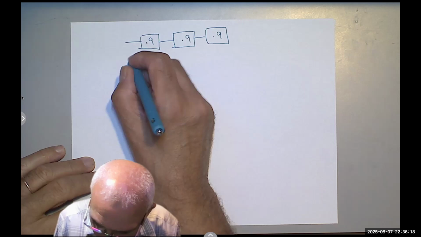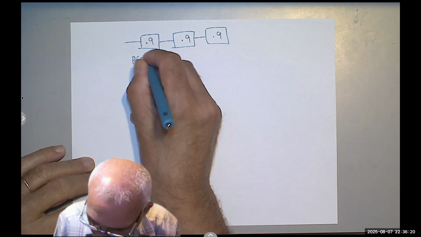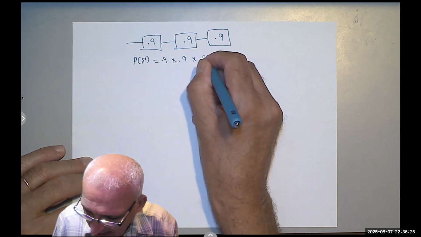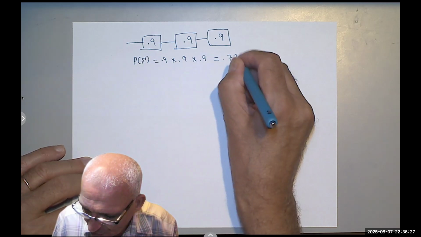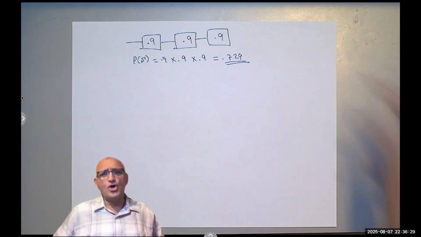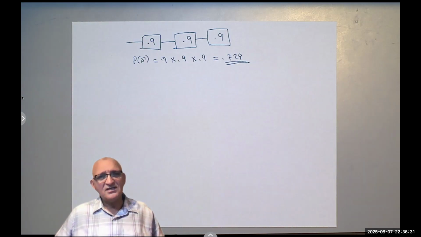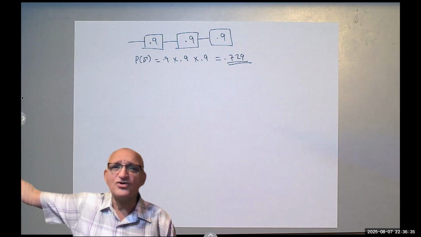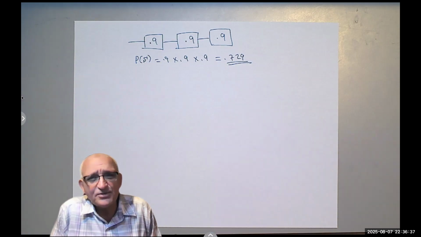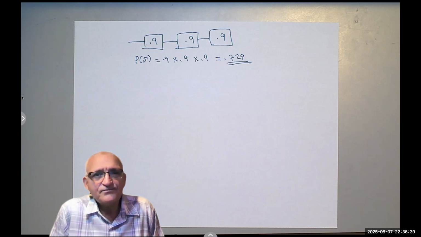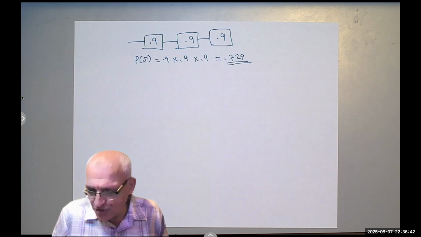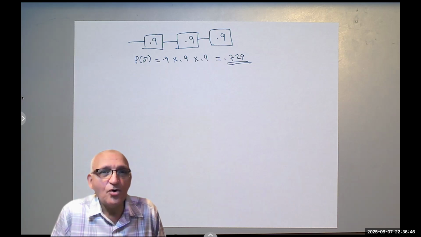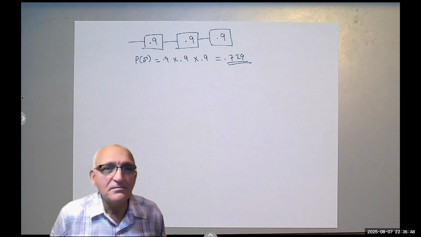So the probability of the system becomes 0.9 times 0.9 times 0.9 equals 0.729. Horribly low. See, now I cannot produce it with a probability of failure that is roughly 27%. That's very high.